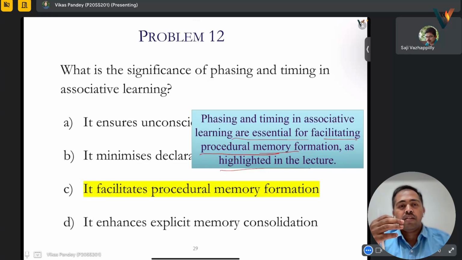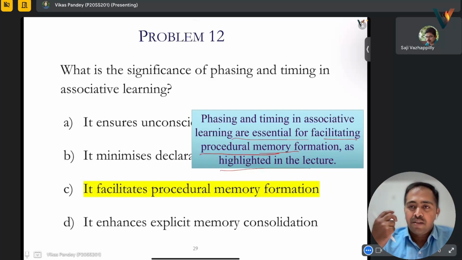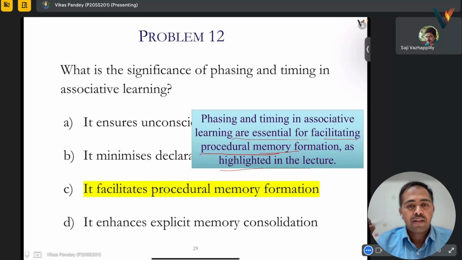You are not doing it fully unconsciously, but there is a memory associated, and you don't have to put in a lot of calculation, which you might have done at the beginning of your driving. Is it a bit relatable now?